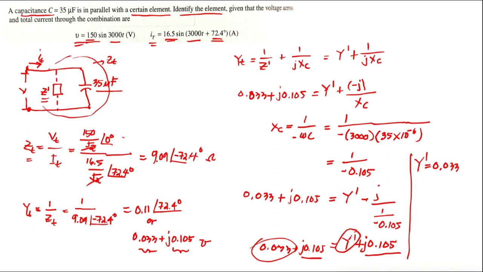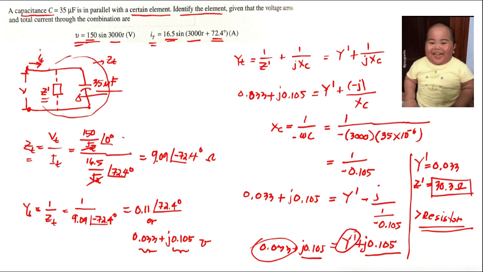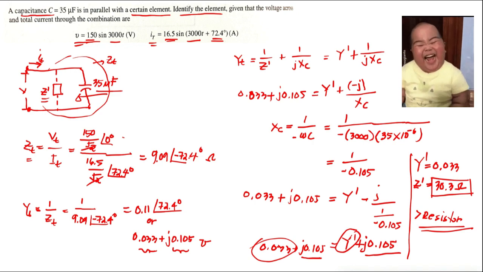If we are going to get the impedance value of your y prime, that will be the inverse, Z prime, which is equal to 30.3 ohms. So this is the value for the element parallel to 35 microfarad. Therefore this element is actually identified as a resistor. So this is how you solve the problem.